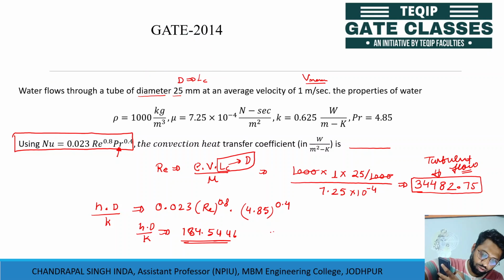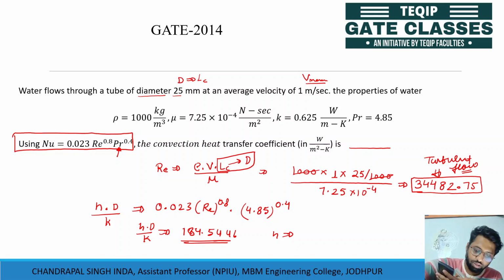So now we can find the value of h by multiplying by k and dividing by the diameter. The value of k is 0.0625, divided by 25 and multiplied by 1000.